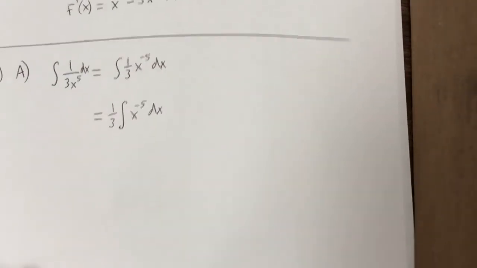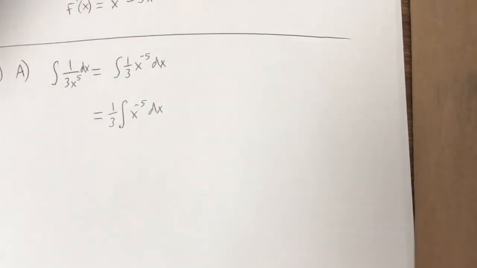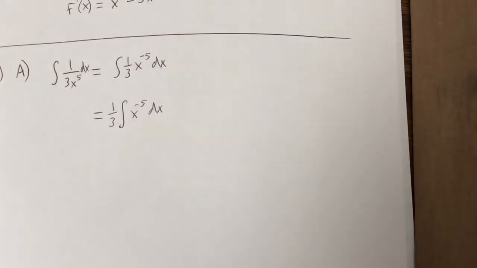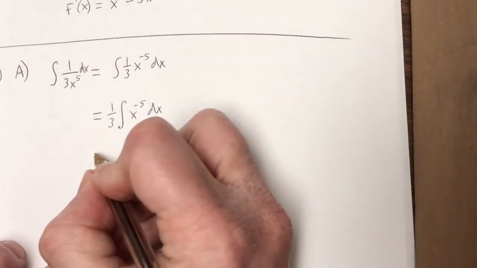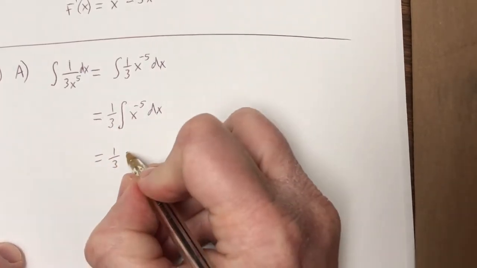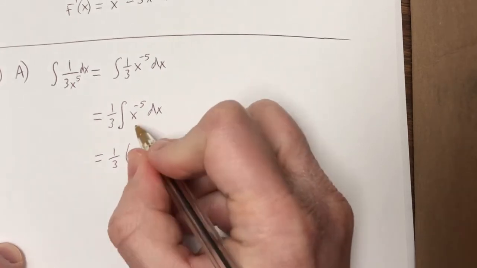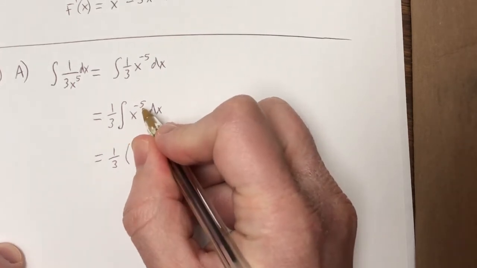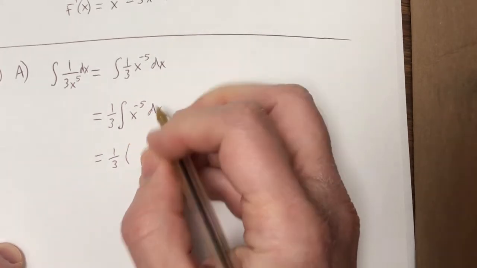And the next thing we're going to do is apply the second basic integration rule. So look at your notes there, the second basic integration rule. And what that tells us is, if you have x to the negative fifth, you're allowed to do what with that?